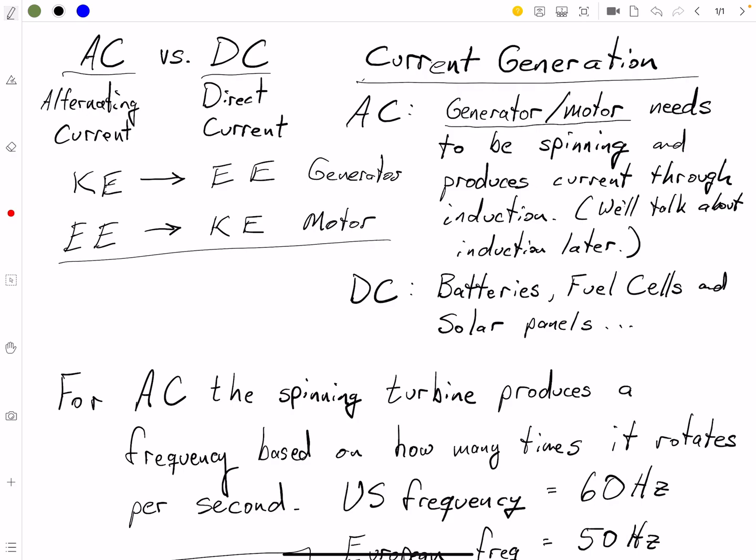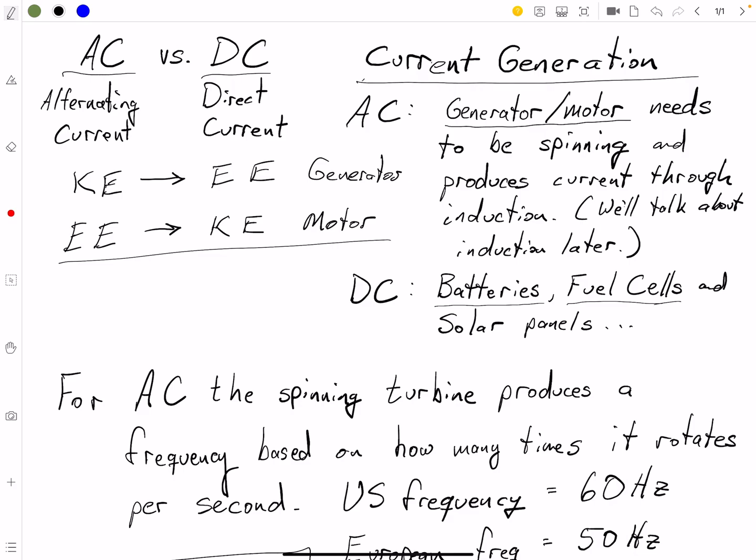And then for DC, we've got batteries, fuel cells, solar panels. We talked about those things a little bit earlier. Some batteries can be charged up, some can't. Fuel cells, we're not going to get into that a whole bunch, but it's very useful, and in the future we probably will have hydrogen fuel cell cars.